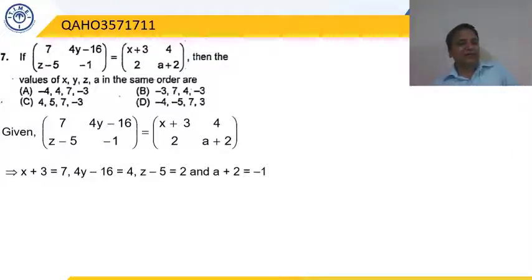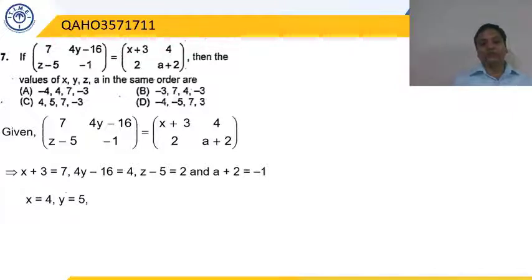The choices contain x, y, z, a respectively in the same order. Can you say x is equal to 4? And 4y minus 16 equal to 4 means 4y is equal to 16 plus 4, that is 20. So y is equal to 20 by 4, that comes out to be 5.